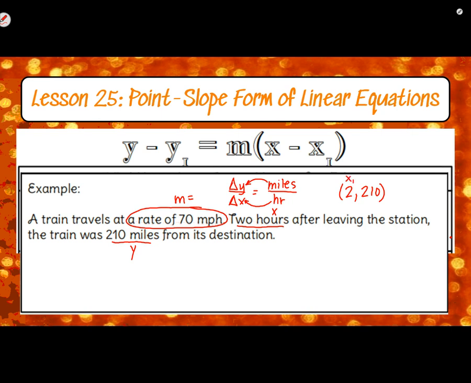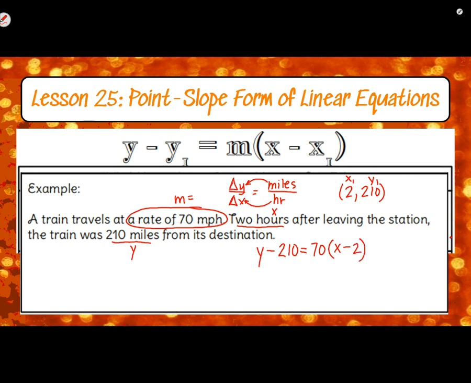So now I have a point. This is going to be my x1, and this is going to be my y1. I have my m. I'm ready to go. So y minus my y1, which is 210, equals m, which is 70, parentheses, x minus my x1, which is 2. That's it.